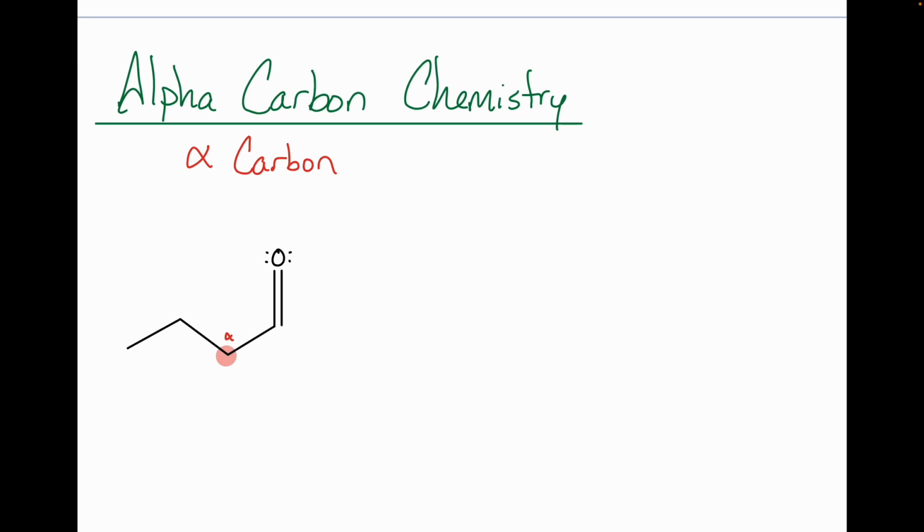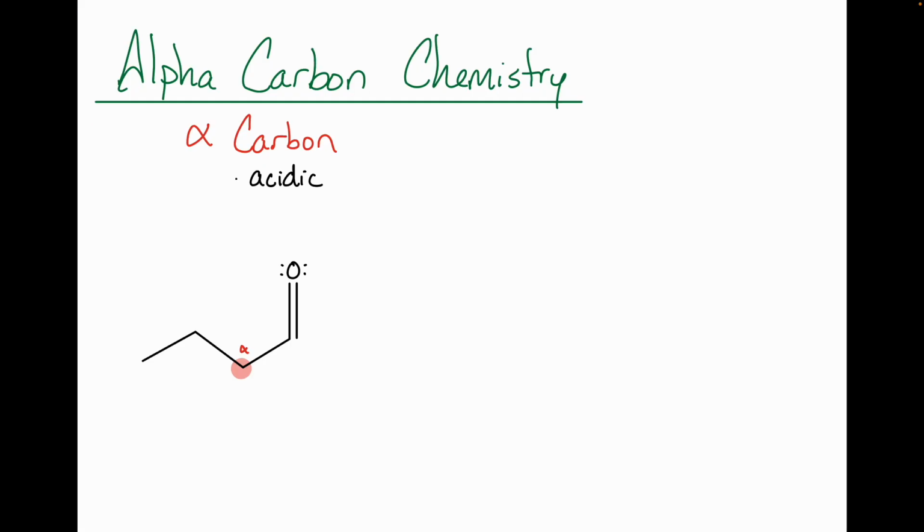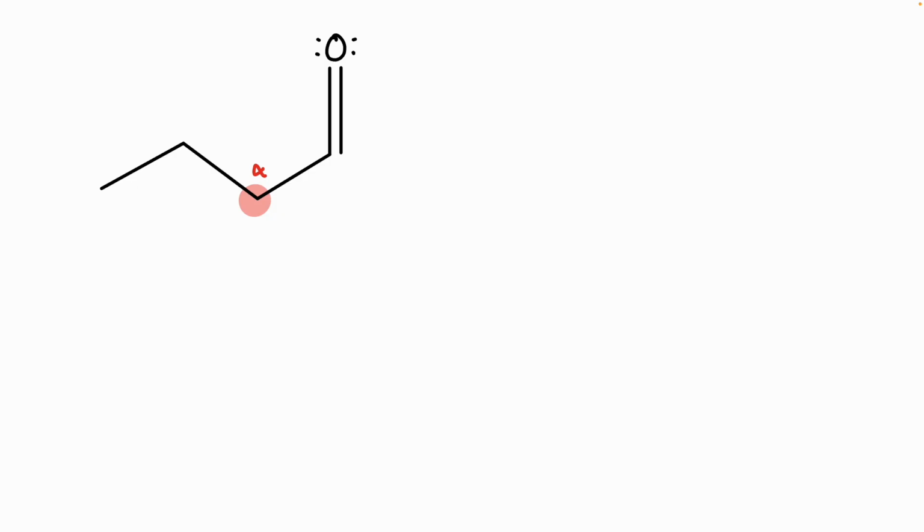All right, and what we learned about our alpha carbons is that they're relatively acidic. So our alpha carbons are acidic. And what does it mean to be acidic? Well, acids do what? Donate protons or accept protons? They donate protons, right? So if I'm an acidic carbon here, that means that my hydrogen is relatively easy to remove.